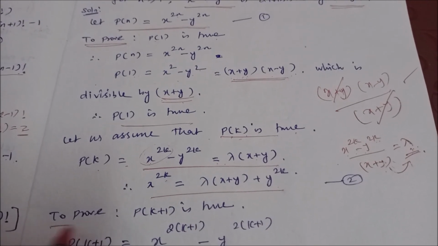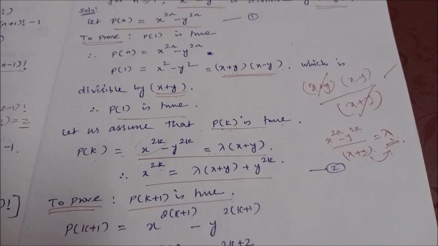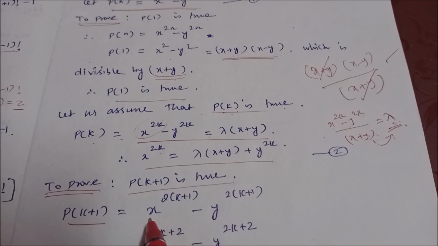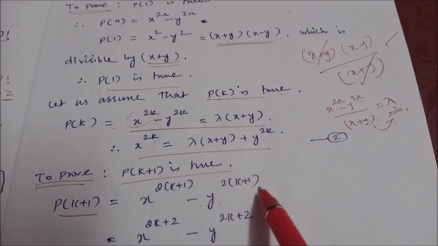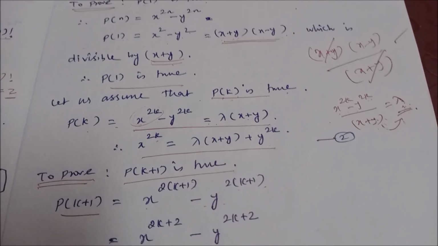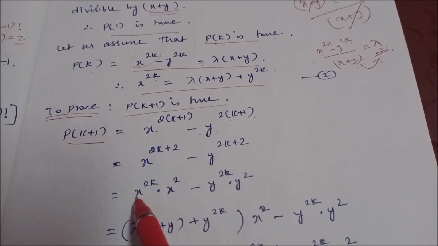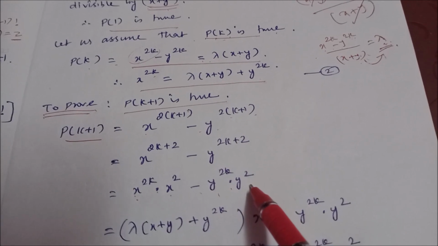After that, to prove P(k + 1) is true, replace k by k + 1: x^(2(k+1)) − y^(2(k+1)). Therefore, this is x^(2k+2), which is x^(2k) into x² minus y^(2k) into y².